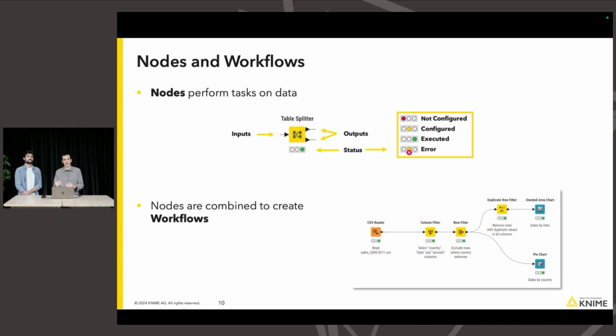And once we execute it, so we told the node what it has to do, and it finally does it, the traffic light will become green. So once we connect more nodes, we get a workflow. So I repeat, each node has a function, and a workflow combines more nodes to transform your data, and we will build one together in a couple of seconds.